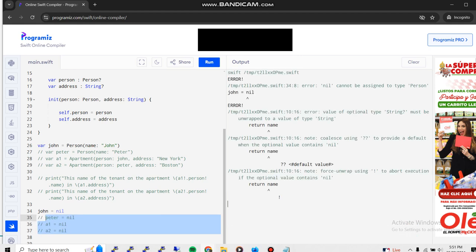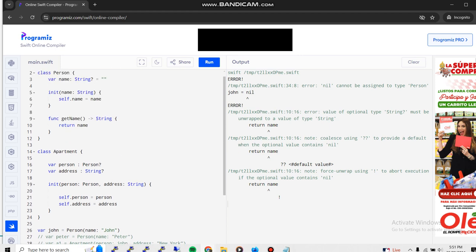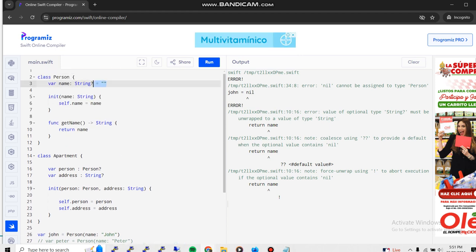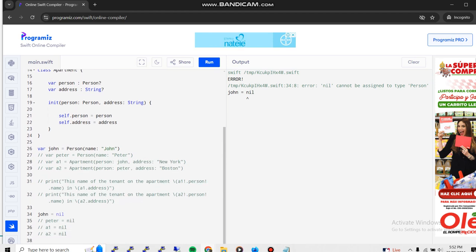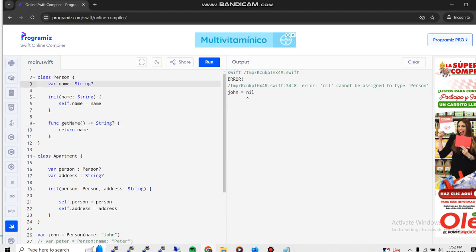It cannot be assigned person. Nil cannot be assigned as a person, right? Because let's see, name can be return name. Just to make sure. It says cannot be nil. Nil cannot be assigned.